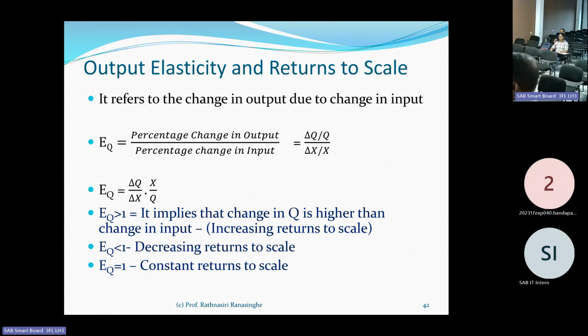So if you take the output elasticity of labor, we can take the percentage change in output divided by the percentage change in labor.